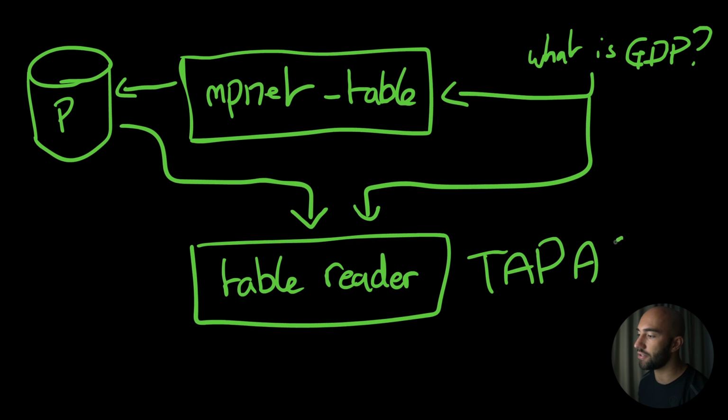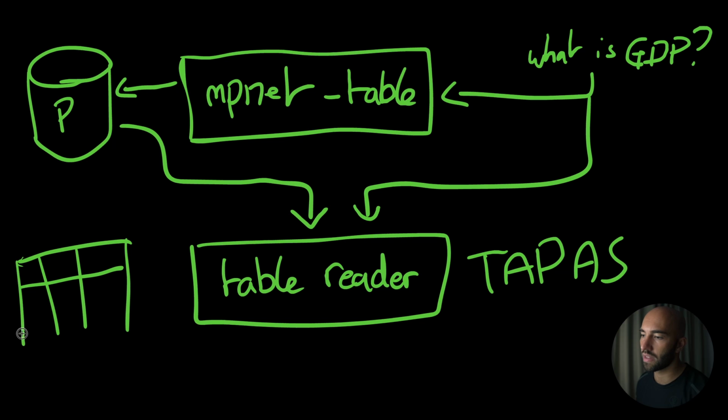Now, what TAPAS can do is what I mentioned before, where we take a table, and it's going to identify the parts of that table that answer our particular question, and it's going to also say whether we need to sum over those parts, whether we need to average, or whether we don't even need to do anything, whether just the value itself is relevant and answers our question. So that's the system we're going to be building.